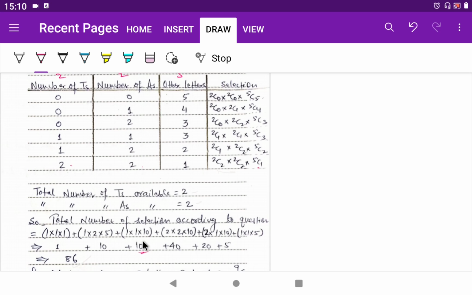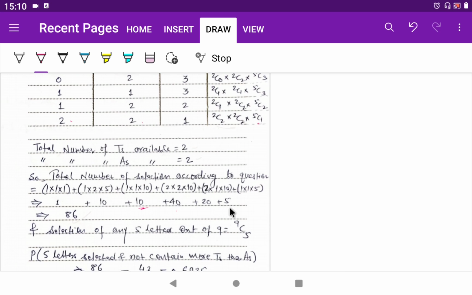Then 2 times 2 and 10, so 40. Then 2 times 1 and 10 gives 20, and 1 times 1 and 5 gives 5. So after summation we get 86, and the normal selection is 9C5.